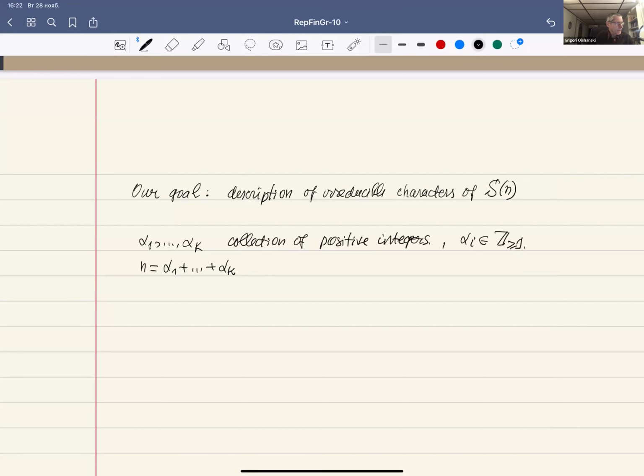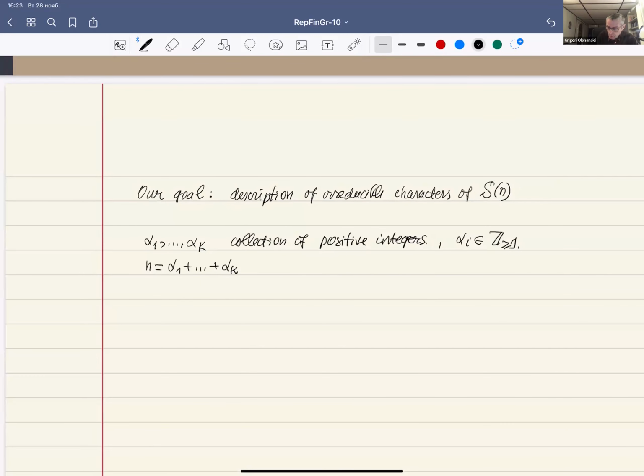And then to this collection we assign a central function, a character. Let's denote it as follows.